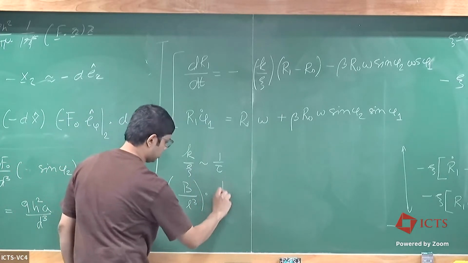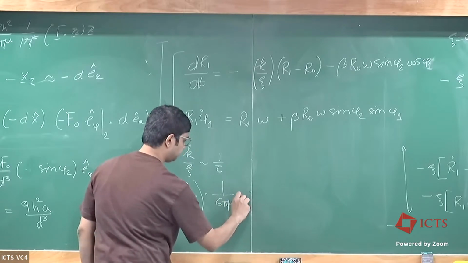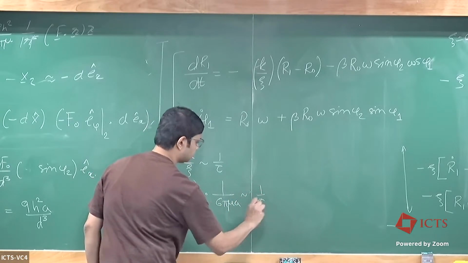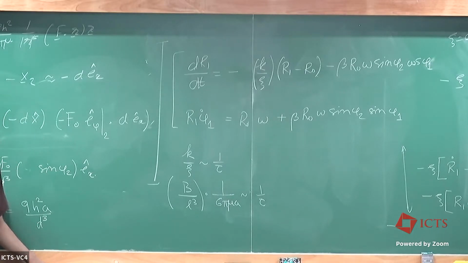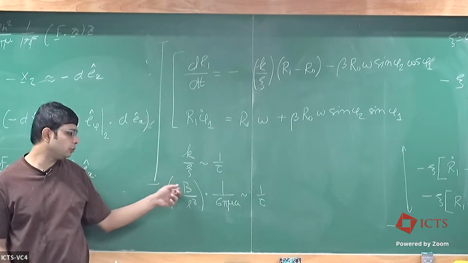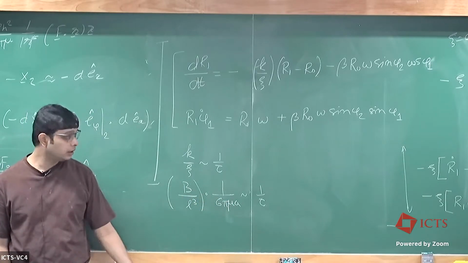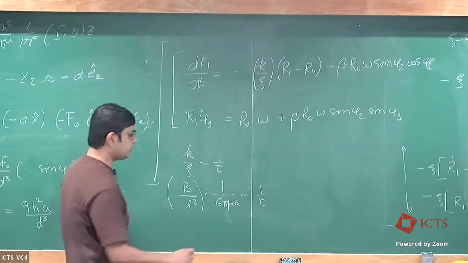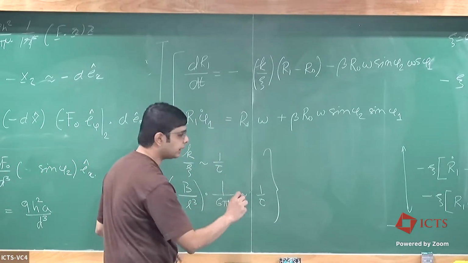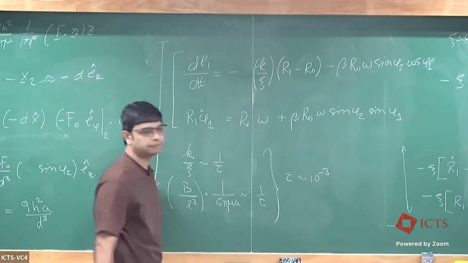We also know zeta, which is 6 pi... I know all the numbers for these things from experiments. I know B, I know L cube, I know A, I know viscosity. I plug everything in, and what I find is that if you put the right numbers, you find that tau is order 10 to the power minus 3.